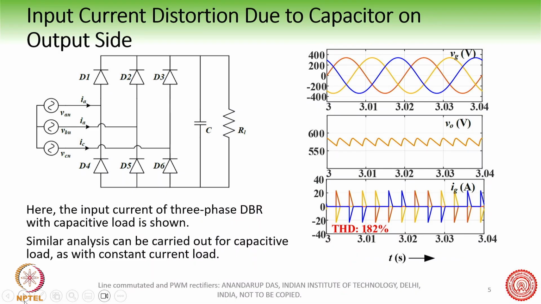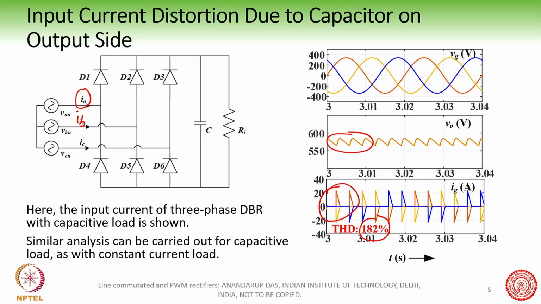When we have a higher power, even with a 3-phase diode bridge rectifier, you can see here that the output voltage is nice, with a steady DC voltage and a small ripple over it. But the input current here, this IB, is full of harmonics, and the harmonic distortion is very high here.